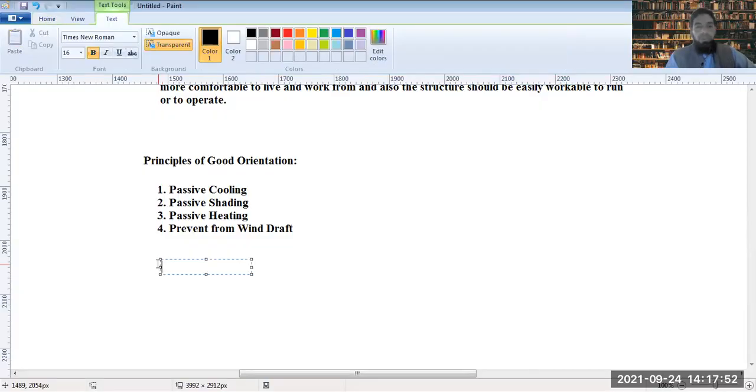So this is the orientation based on these principles of cooling, shading, heating, and from the principle of the wind draft.